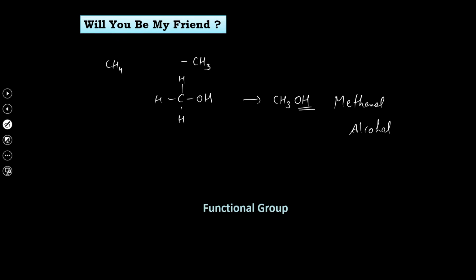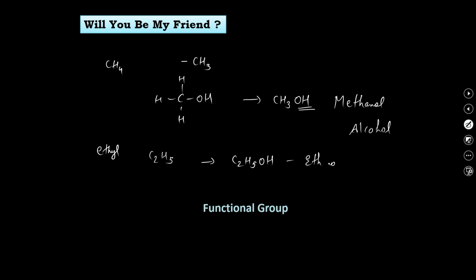Now similarly, I told you about the ethyl group, which is C2H5. In the same way, if I add OH to this C2H5, the formula becomes C2H5OH and it is named ethanol.